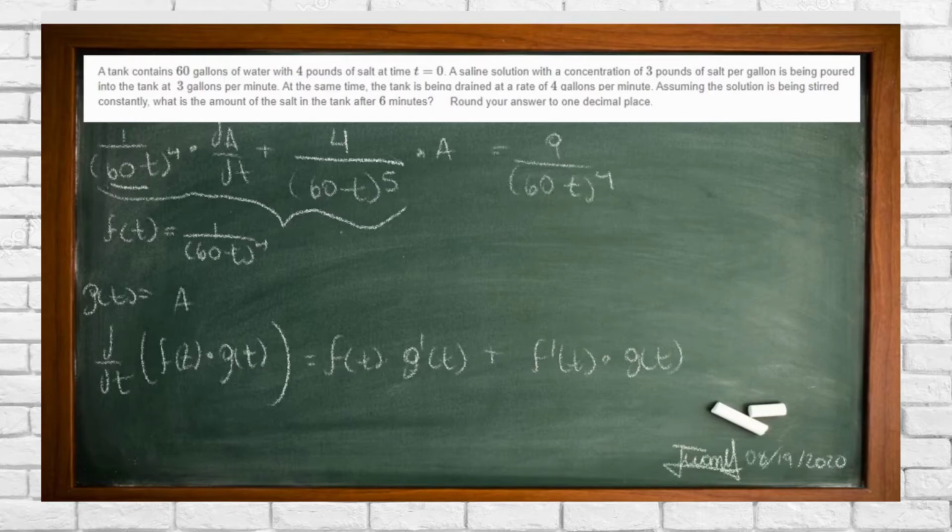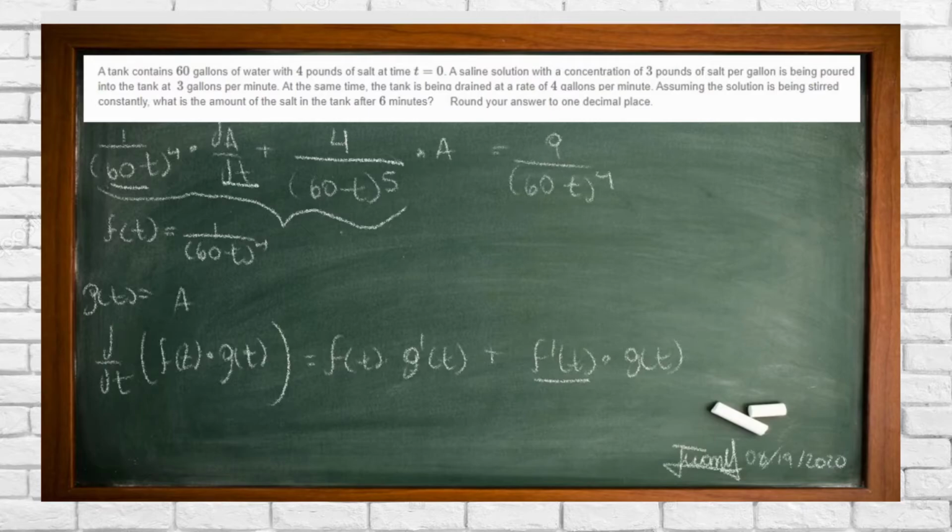The derivative of g of t, which is a, is going to be dA dt, so it's right here. Now the derivative of f of t is going to be 60 minus t to the fifth, and we're going to be multiplying by 4. So yes, indeed, it's right here. And g of t is going to be a, so it's right here.